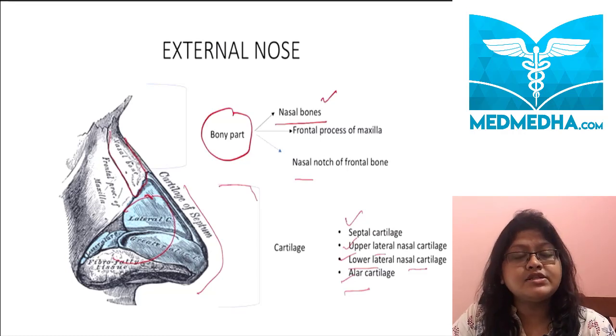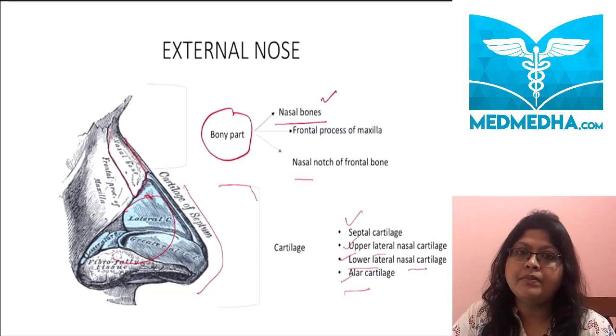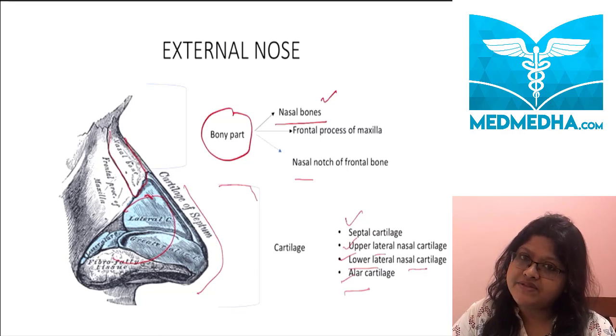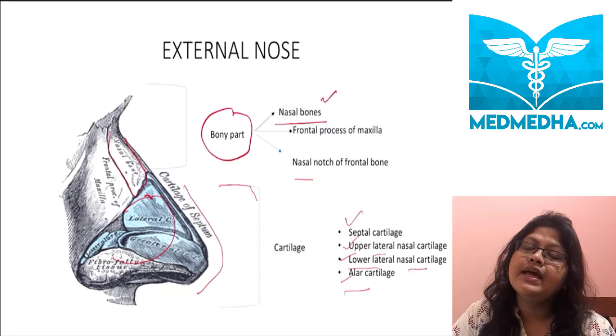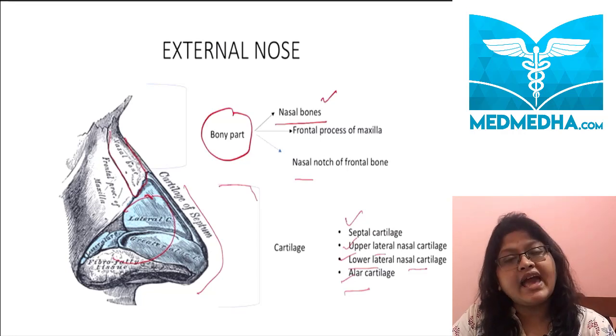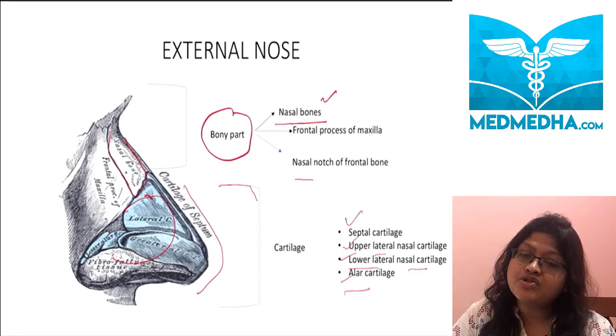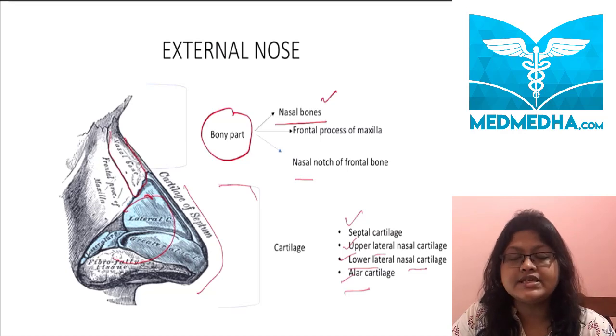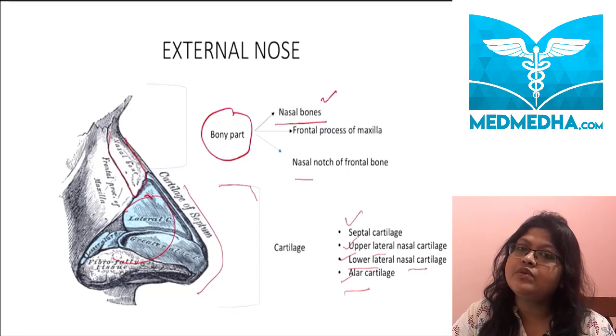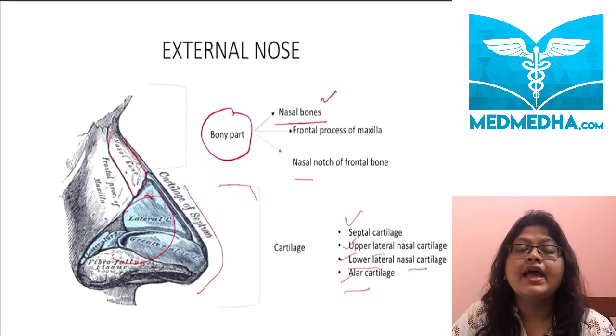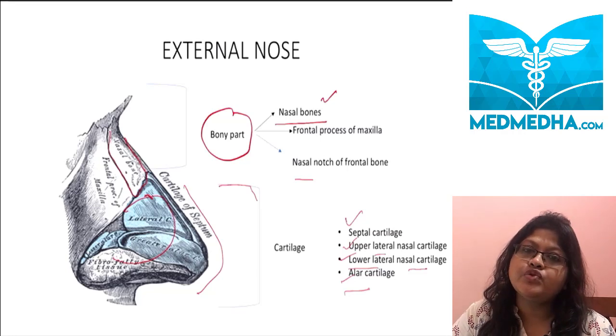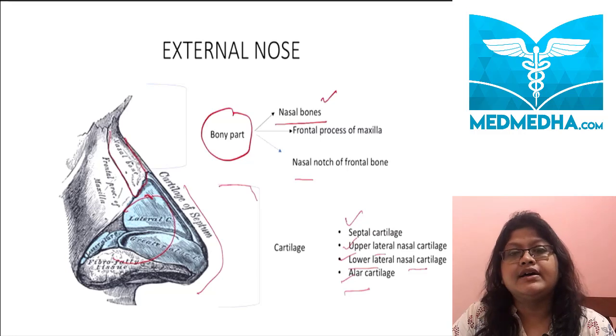But what we must know is, number one, the nasal septum, its formation, its nerve supply, its blood supply, and the nasal cavity, specifically the lateral wall of the nasal cavity, because the medial wall is actually the nasal septum. There also we need to know the important features of the lateral wall of the nasal cavity, the nerve supply and the blood supply.